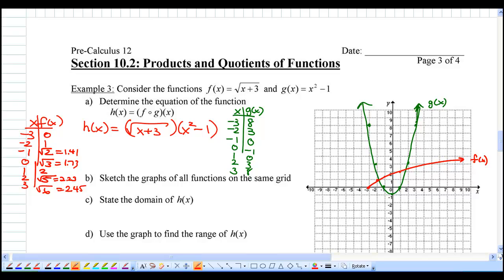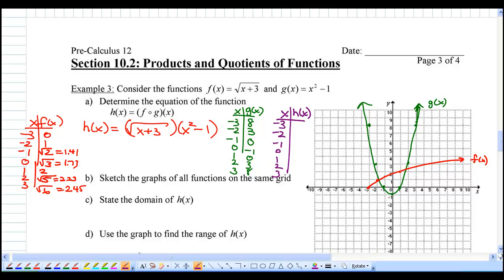And then now it's your turn to try to find the graph of h of x. Well, h of x, once again, is the multiplication of all of them together, so I guess I'll do it over here. H of x, the same x values, right?